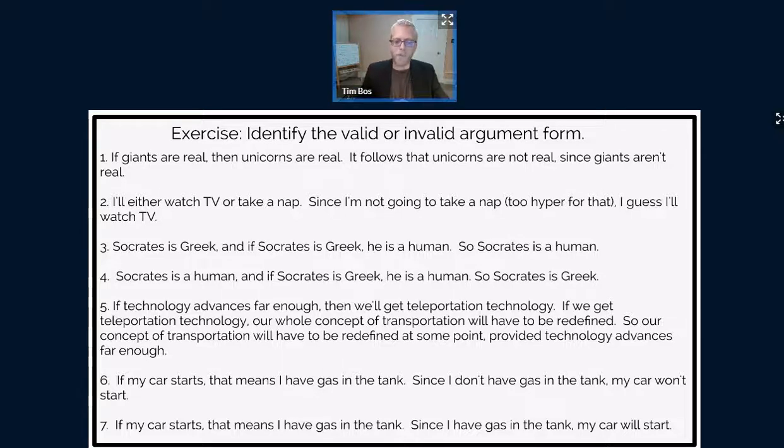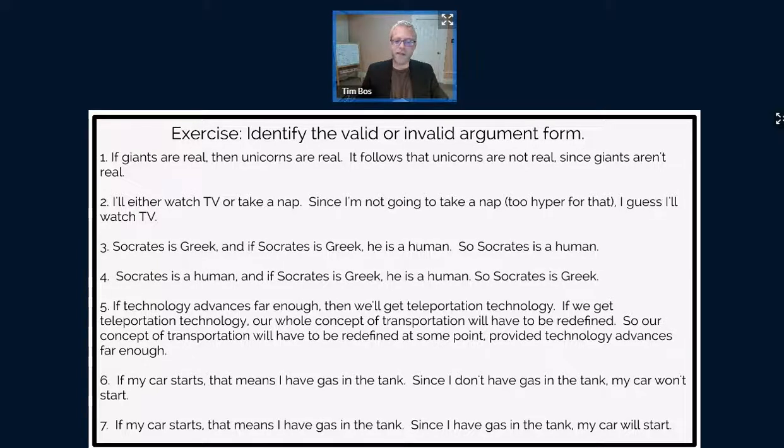What argument format is that? Does anyone know? Remember, you can figure it out. The second premise tells you what the argument is doing, right? The second premise is giants aren't real. So when you say giants aren't real, are you denying or affirming the antecedent or the consequence?